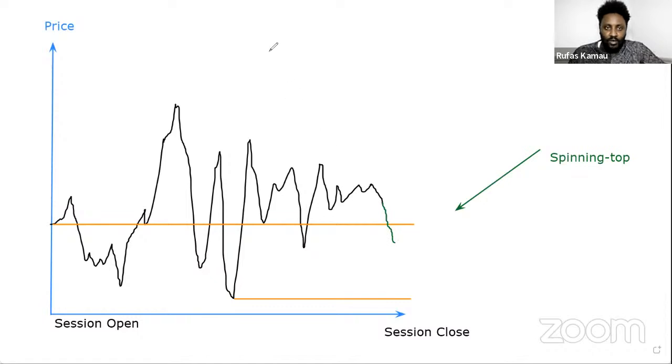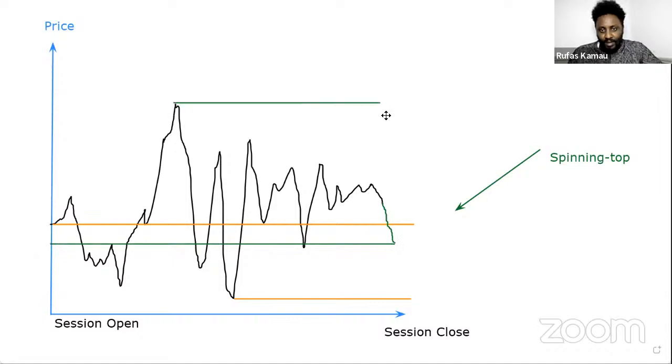In this case, what would change is the closing price. You would have a closing price here and still have the high price here, and it would still be described as a spinning top. The only difference is that the candlestick would now be red in color because the closing price is lower than the opening price. So let's say we use red here.